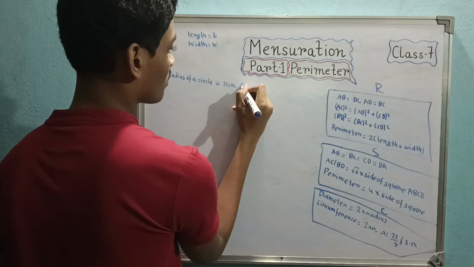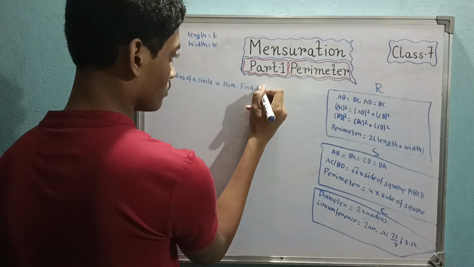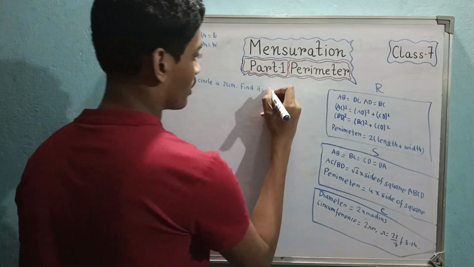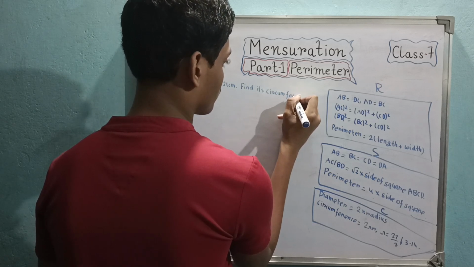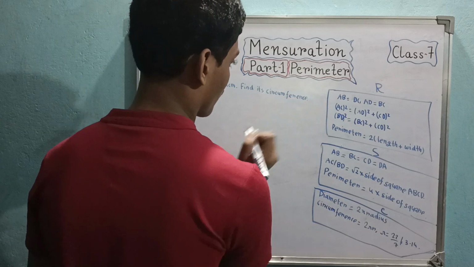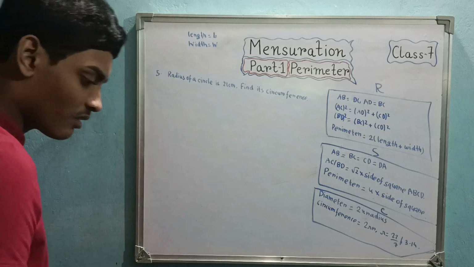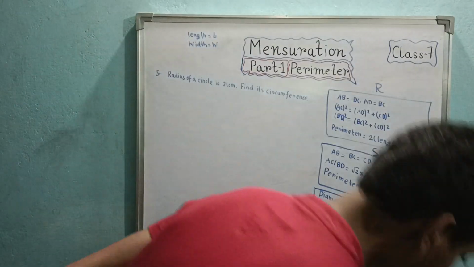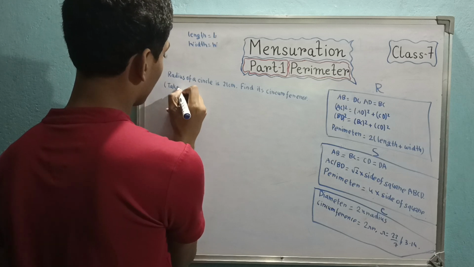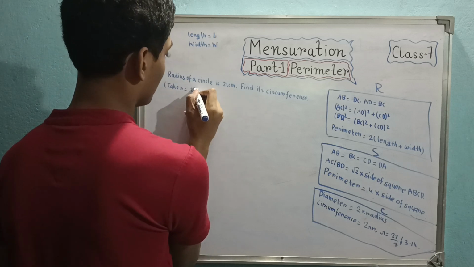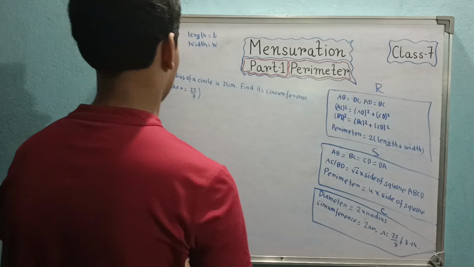Find its perimeter, rather circumference actually. Something else is given, I think. Okay, they are telling take pi 22 by 7. Okay.